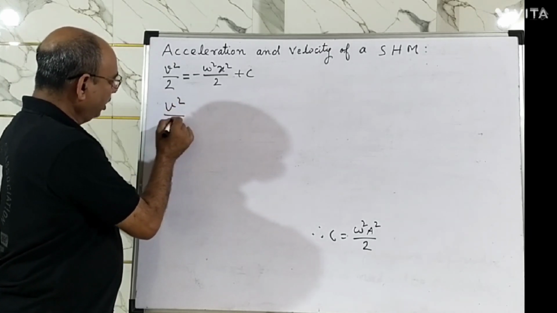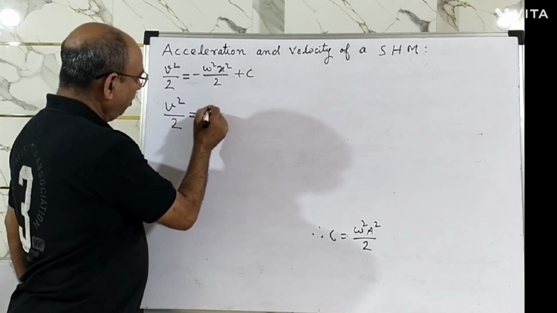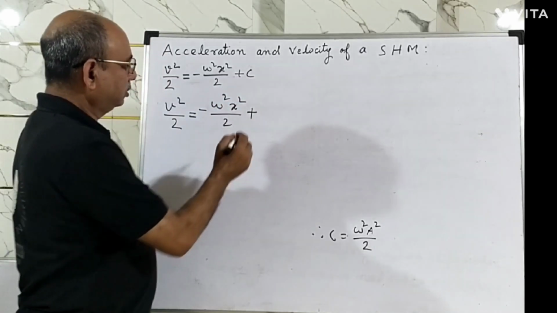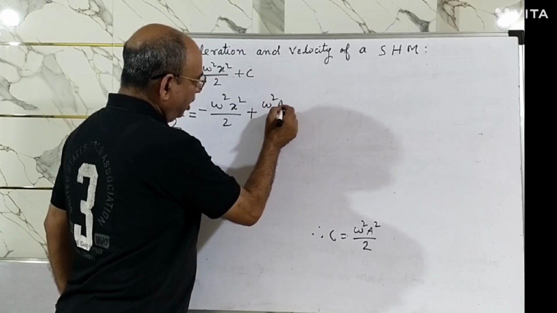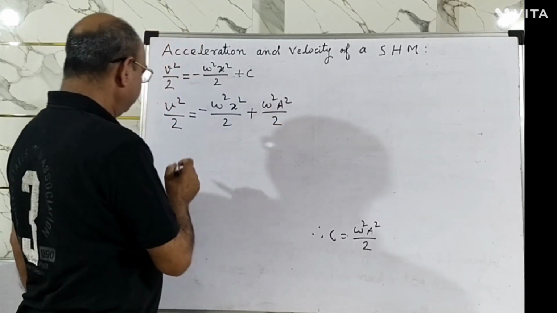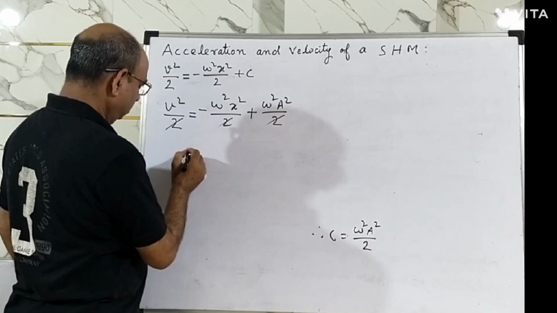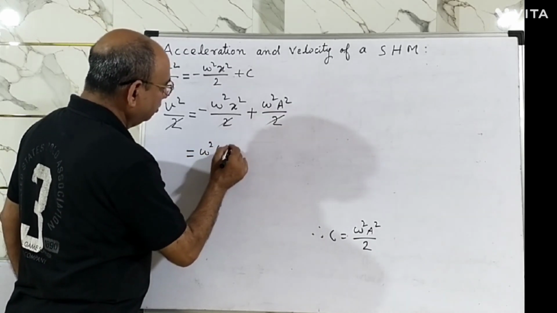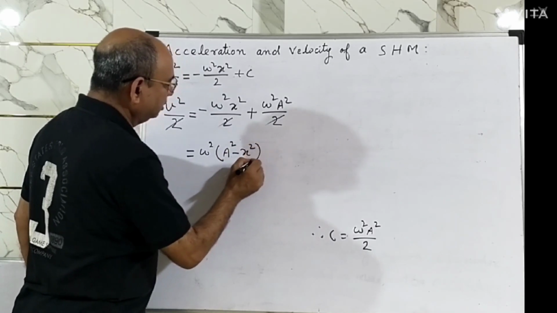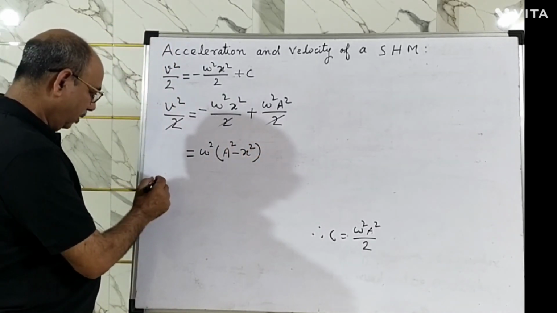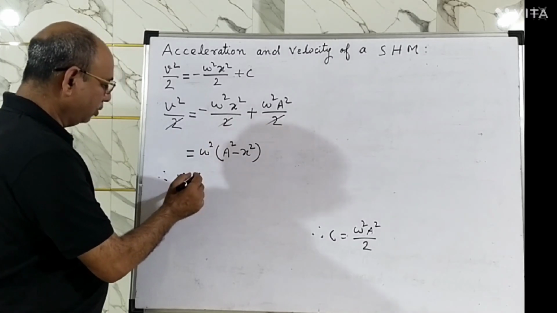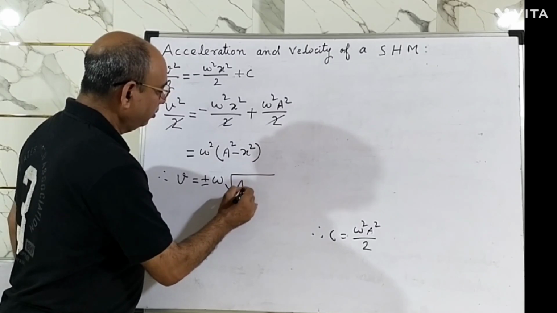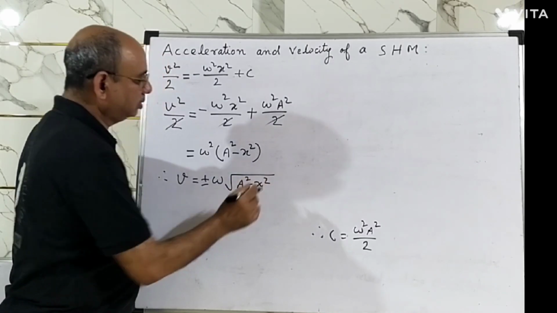We get v square upon 2 is equal to minus omega square x square divided by 2 plus omega square A square upon 2. v square is equal to omega square times A square minus x square. Therefore, v is equal to plus minus omega root of A square minus x square.